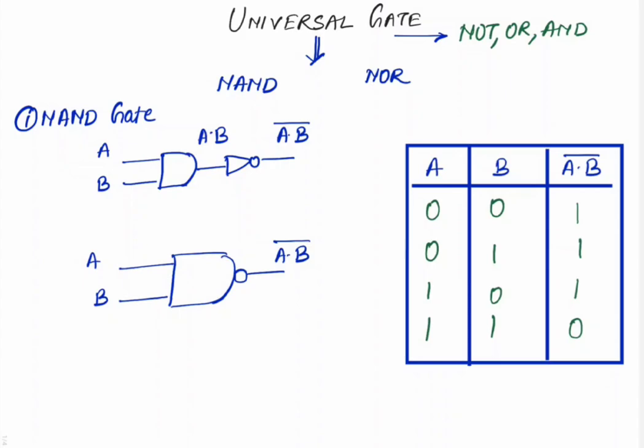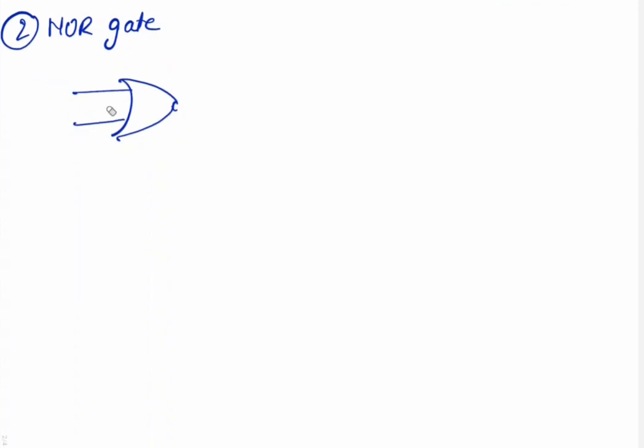Now let's move to the NOR gate. Hope you have understood this. So what do you mean by NOR gate? The second is the NOR gate. It is similar to the NAND gate. You have an OR gate which is followed by a NOT gate.